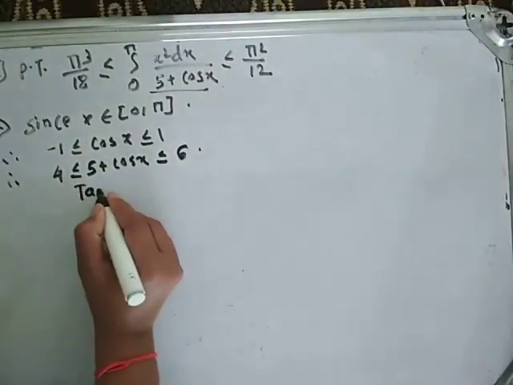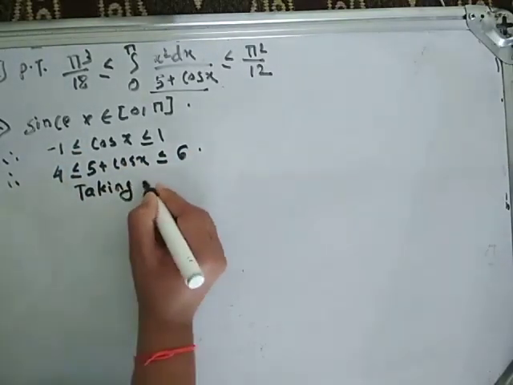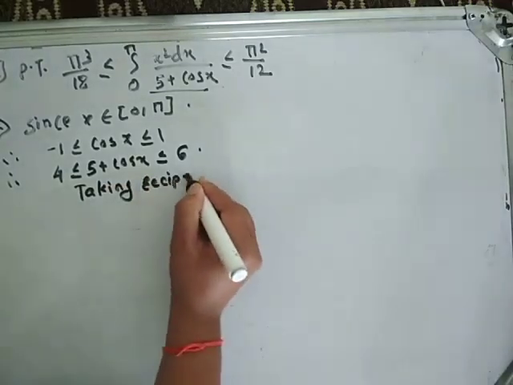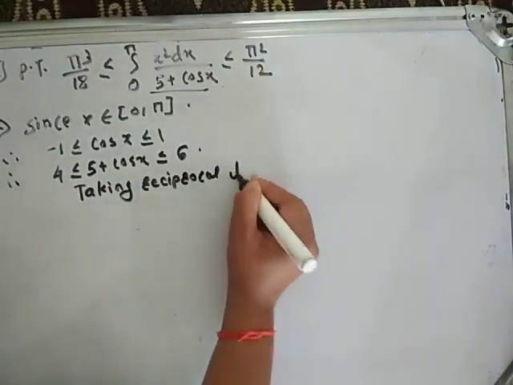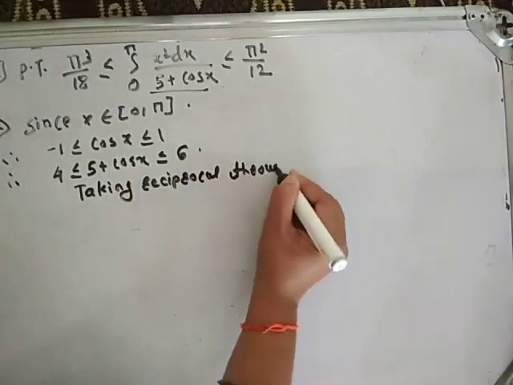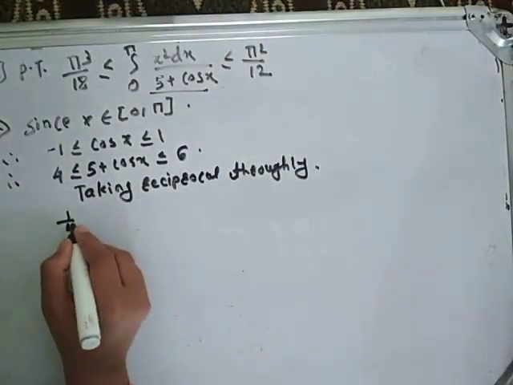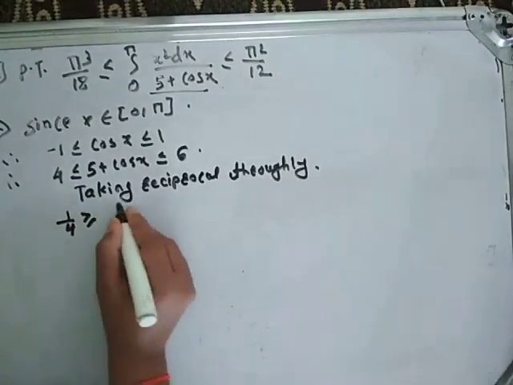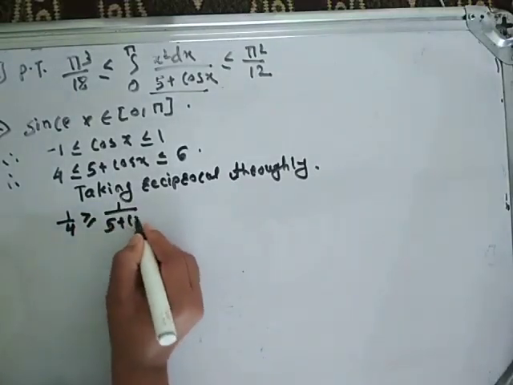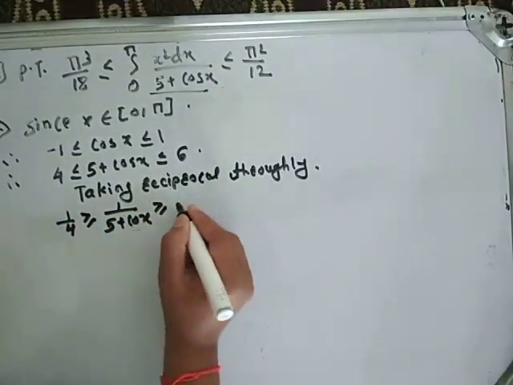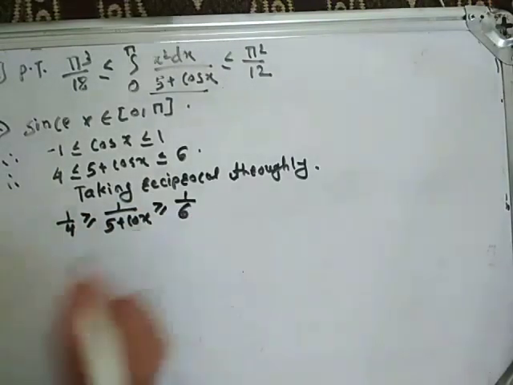Taking reciprocal throughout, we get 1 upon 4 is greater than or equal to 1 upon 5 plus cos x, which is greater than or equal to 1 upon 6.